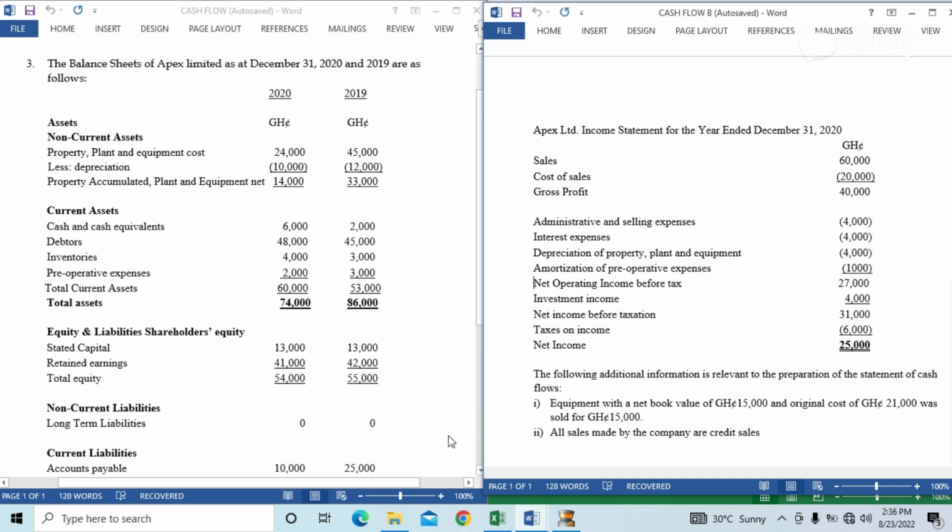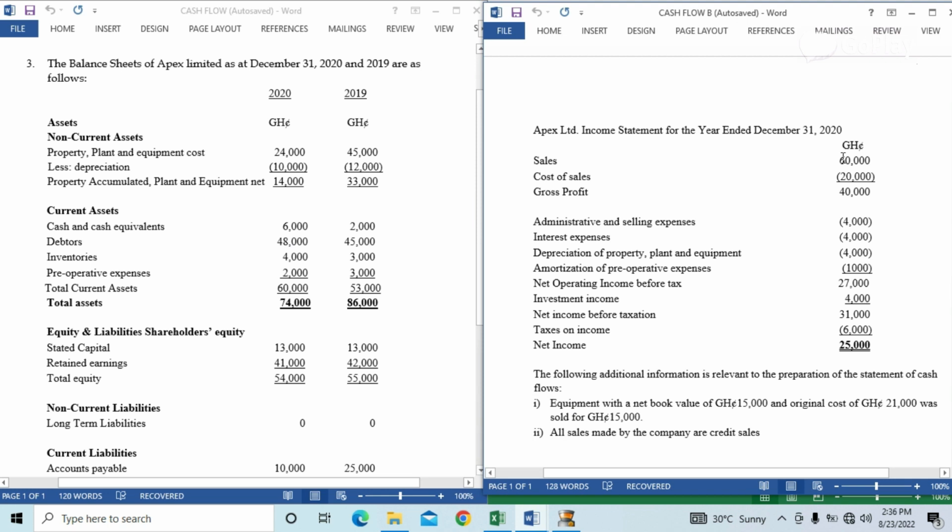So let me show you how to get the unknown figure. So the explanation here is that at the end of 2019, our debtors were owing us 45,000. Then during 2020, we made sales of 60,000 to them, which is in the income statement here.